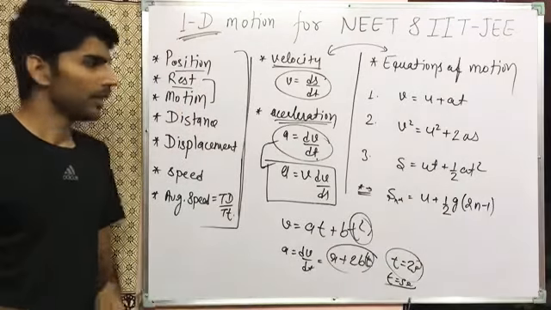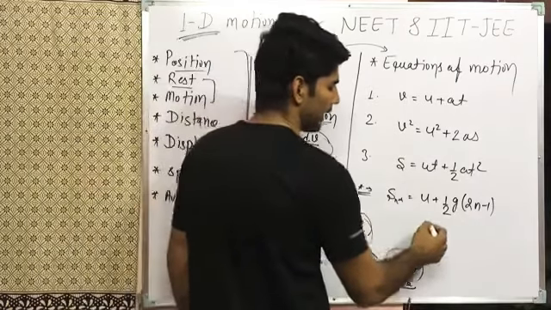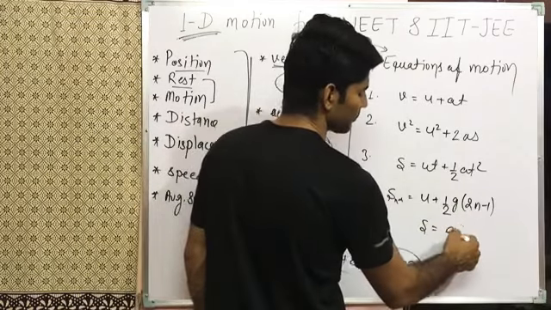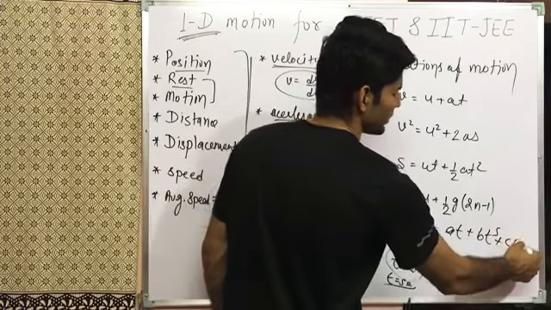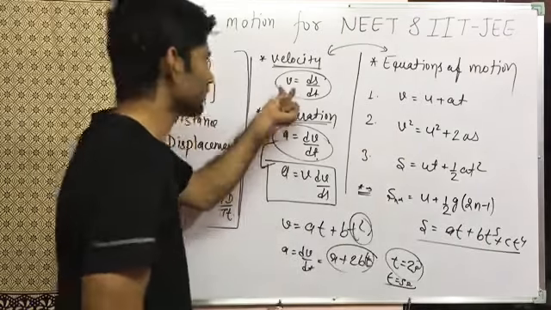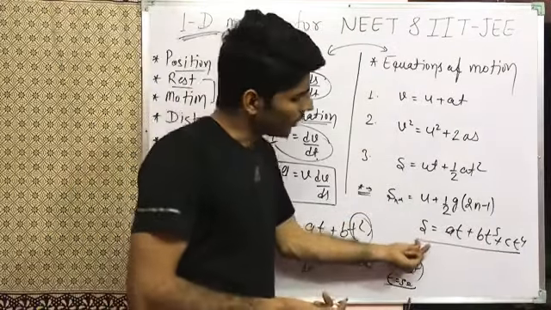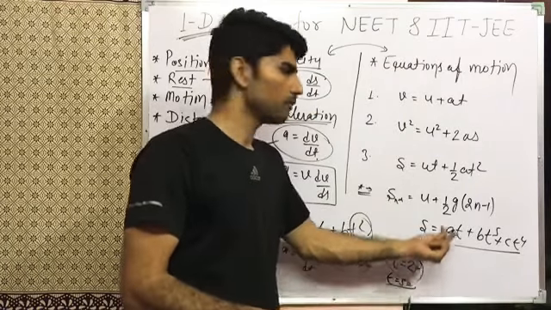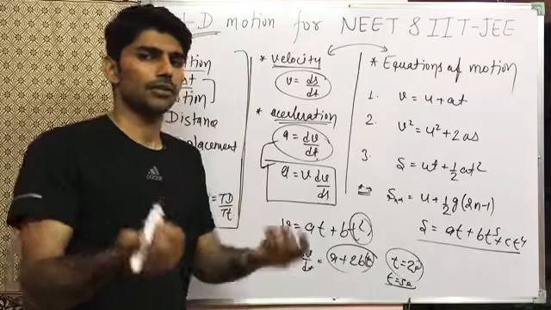Here you can also get an equation like s equals at plus bt power 5 plus ct power 4, in terms of t, and you may be asked for the velocity. When you are asked for velocity, you need to differentiate with respect to t once, and when you are asked for acceleration, you need to differentiate two times.